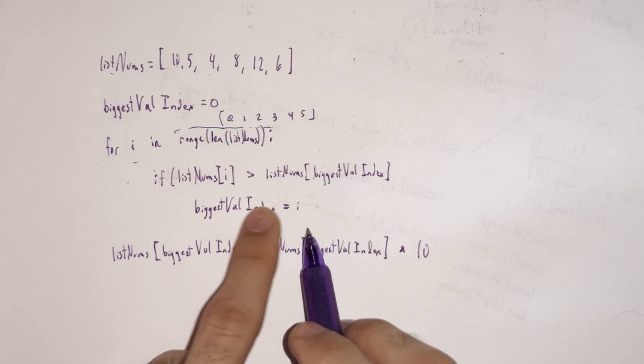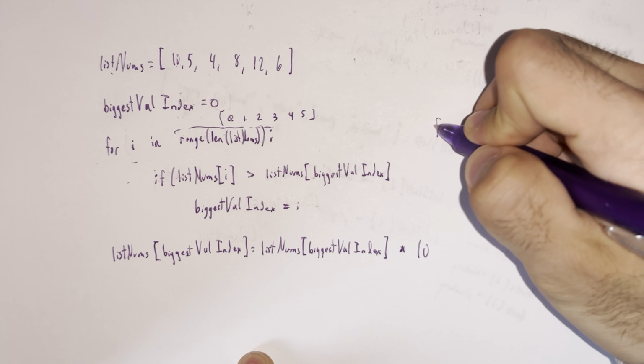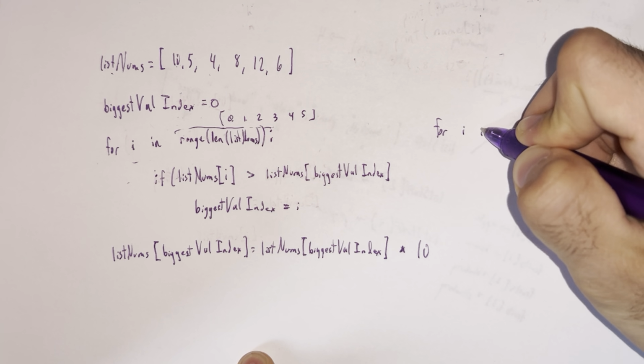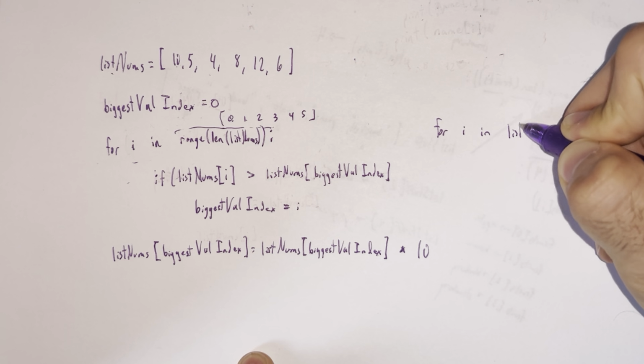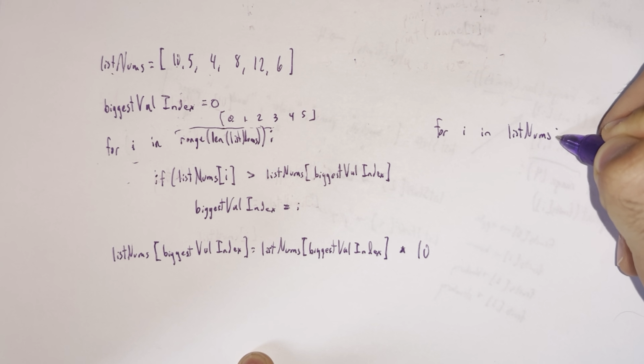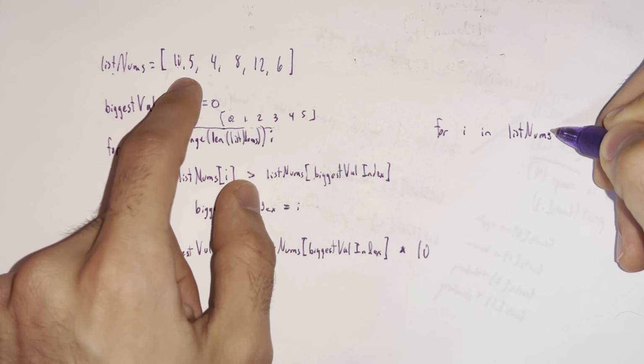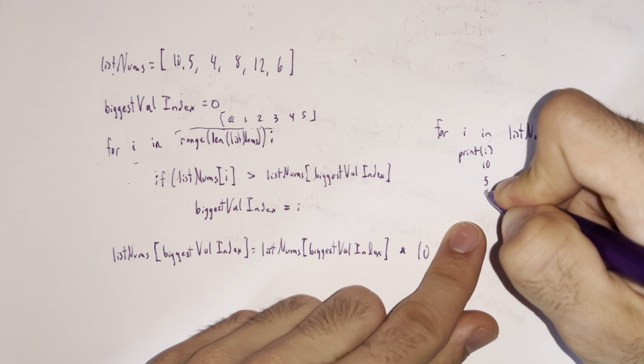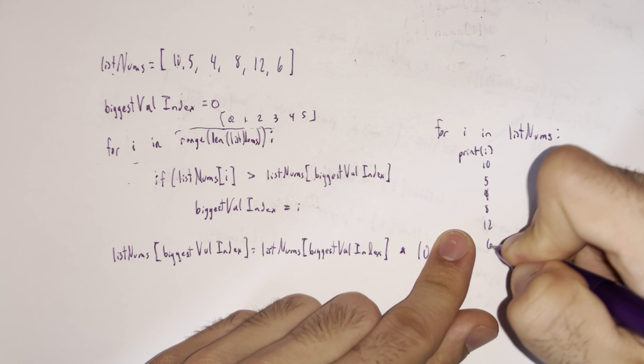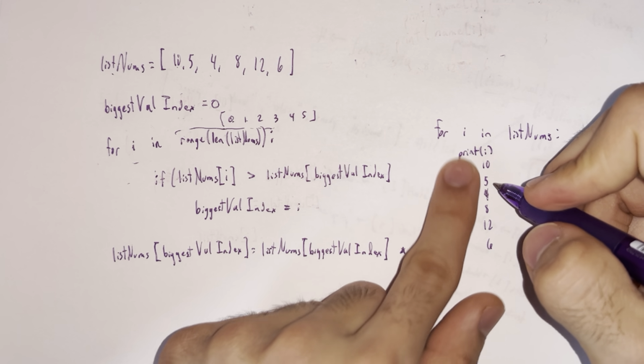The thing about if we didn't use this, if we just did for I in list nums, right? That's going through 10, 5, 4, 8, 12, 6 themselves. It's going through the numbers themselves. If we were to print I, it would print 10, 5, 4, 8, 12, 6. And we could get the biggest val.